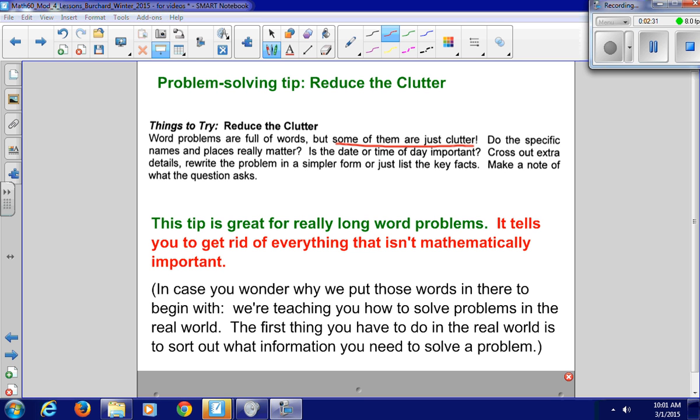Rarely do you have that to work on, something that you can do just step by step. What the world typically does is present you with an enormous amount of information, and in order to figure out what you're trying to figure out, you have to decide, out of all that information, what you need and what you do not need to solve your problem. So it's not just us trying to mess with you.